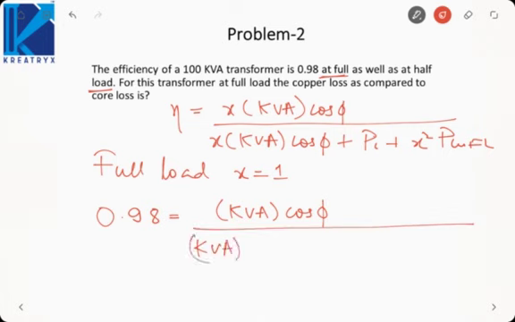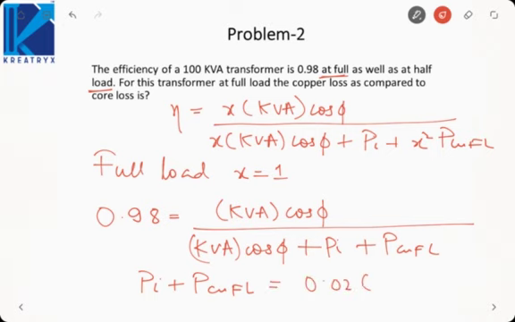If we solve this equation, we will get Pi plus PCU FL is equal to 0.02 kVA cos phi. This will be my first equation.